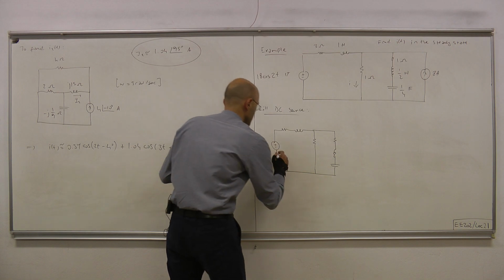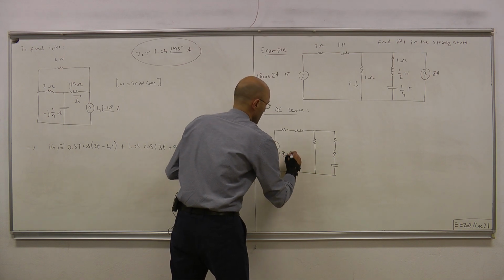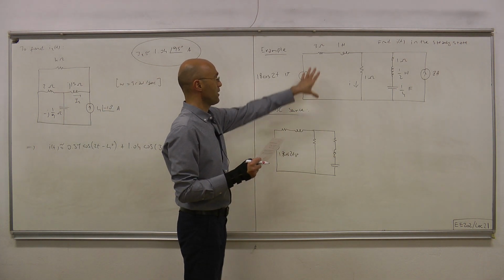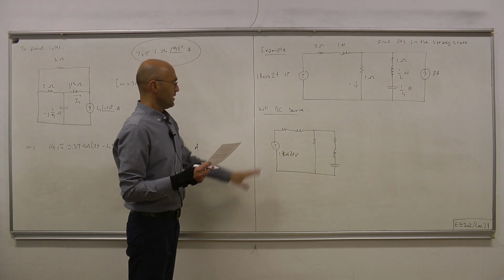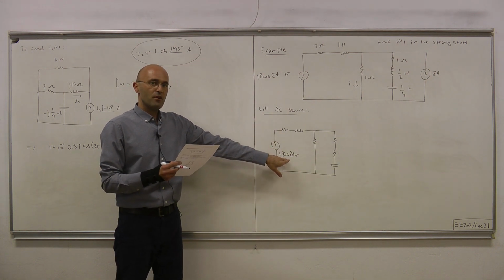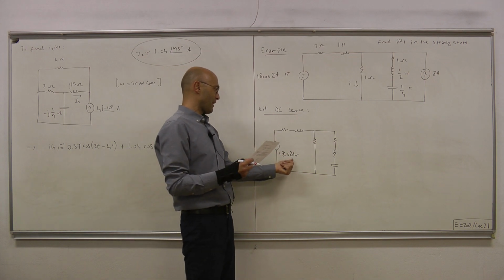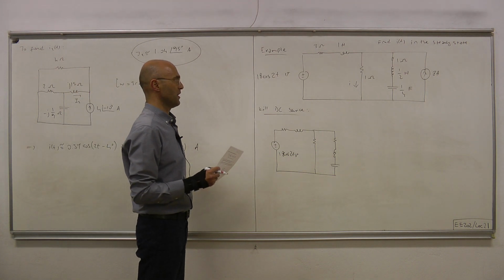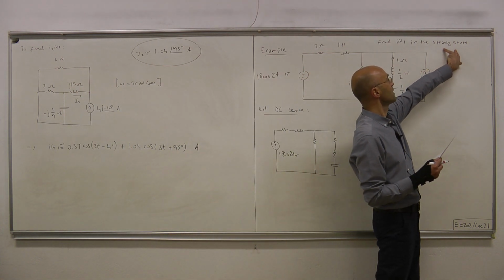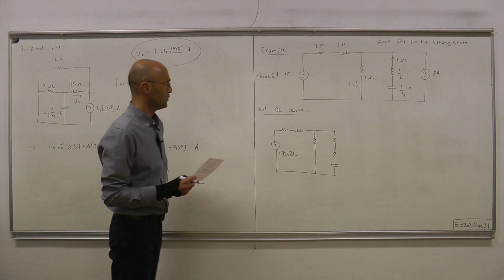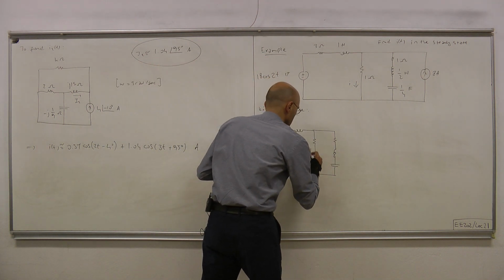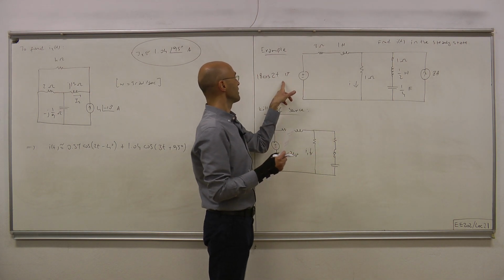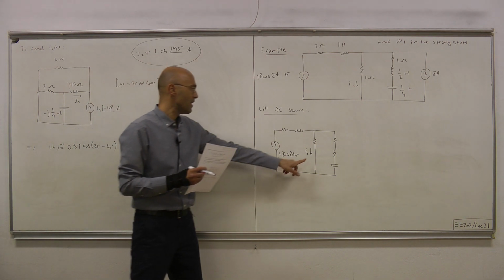Here we have 18 cosine 2t volts, and the parameter values are given here.